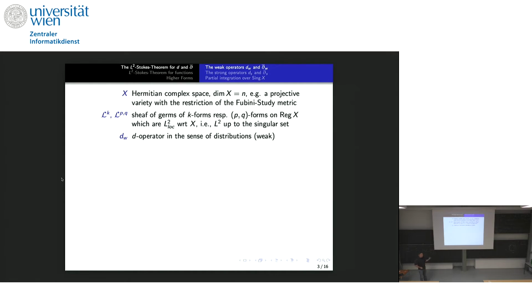We will here also consider functions which are holomorphic on the regular part and just L2, which is a priori a little bit weaker, or holomorphic functions which extend continuously to the singular set, which also appears at some point, or just holomorphic on the regular part with arbitrary singularities.